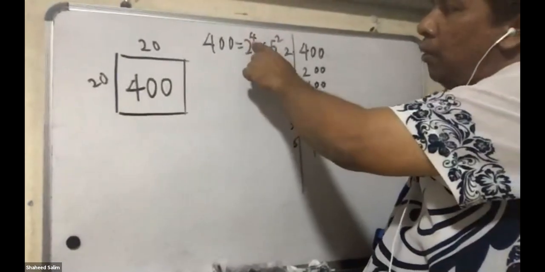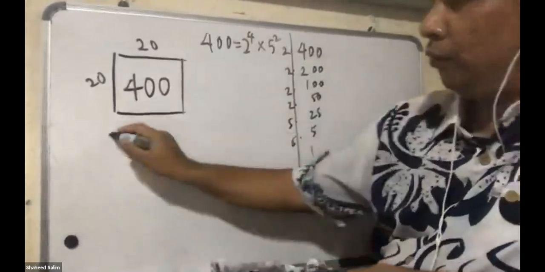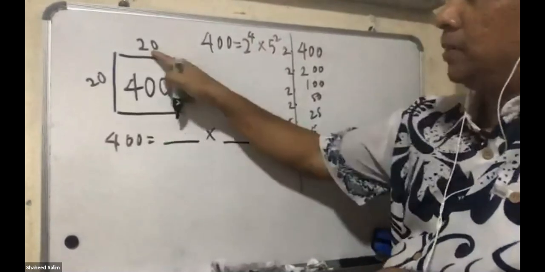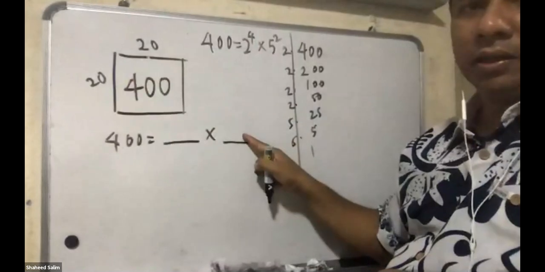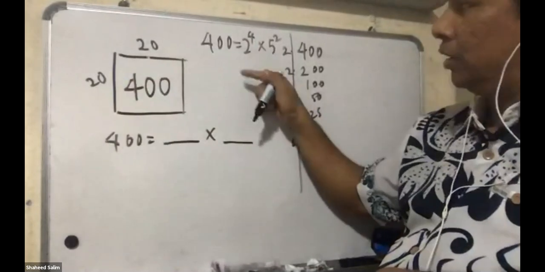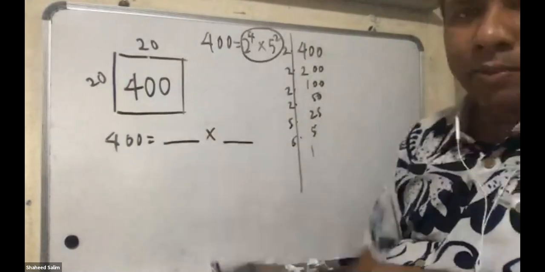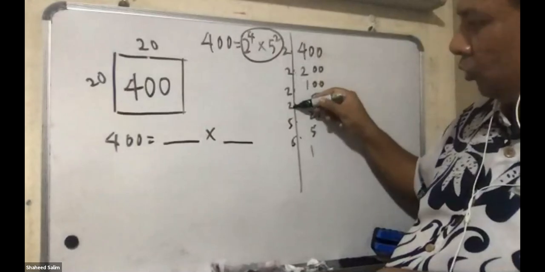So 2 to the power of 4 and 5 to the power of 2, if you want to get 400 equal to something times something, it must be the same number, correct? 20 times 20. So now they give you this prime factorization, and you want to create the same number. How to do it? Let's look. There's 1, 2 twos, 3 twos, 4 twos.